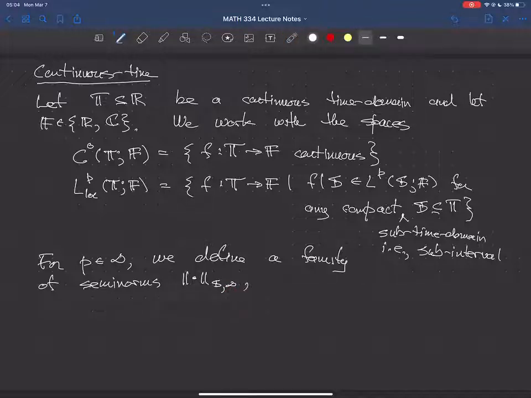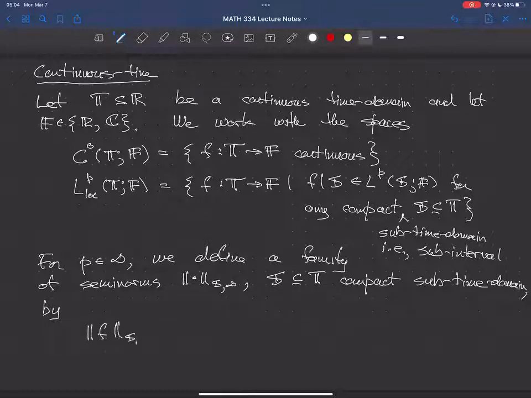And the family is again indexed by compact subtime domains S. In the obvious way, the S infinity seminorm of F is the sup over T in S of the absolute value of F of T.